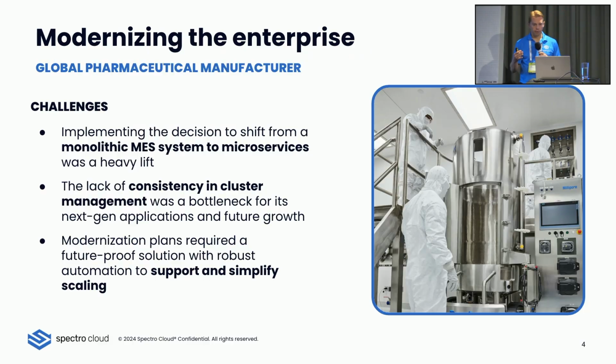Starting with something directly in the enterprise. This is a pharmaceutical manufacturer that's a customer of ours that ran a monolithic manufacturing execution system, MES. They were already a Kubernetes user, and they decided to also shift this system from a monolithic system into a set of microservices.